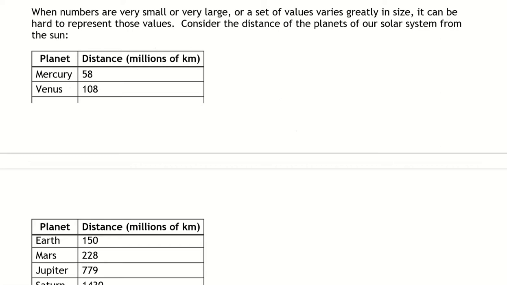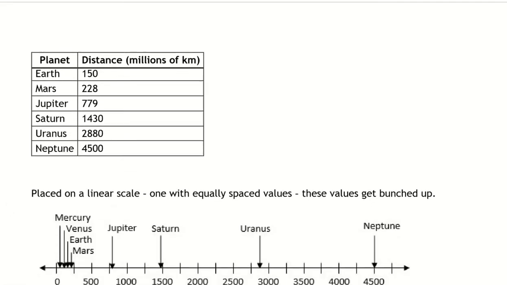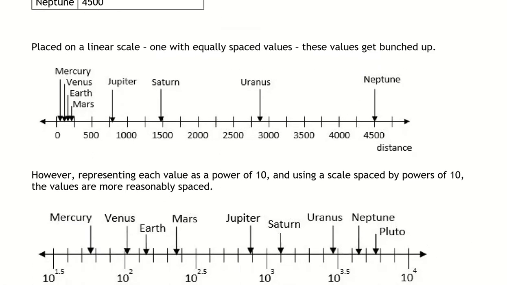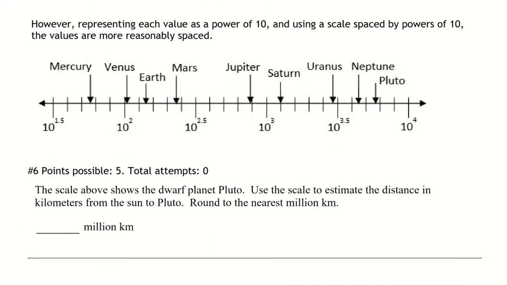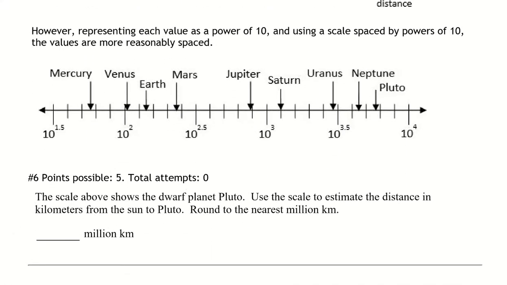Another use is log scales. So when we're thinking of really big or really small numbers, logarithms might help. Now, if you've been watching the news, you'll see logarithms are used for high populations as well. So you'll see a logarithmic versus a linear scale. If we're looking at planets, those are really big numbers. So we can use a logarithmic scale. We can use the power of 10. So here we have 10 to the 3.5.